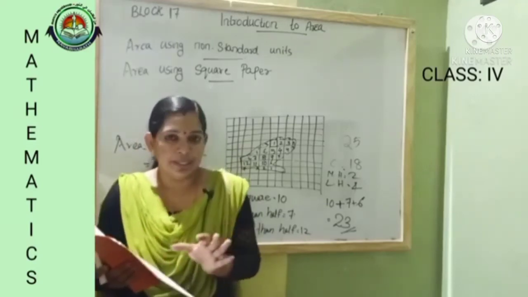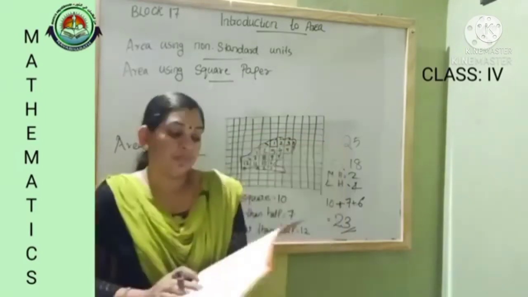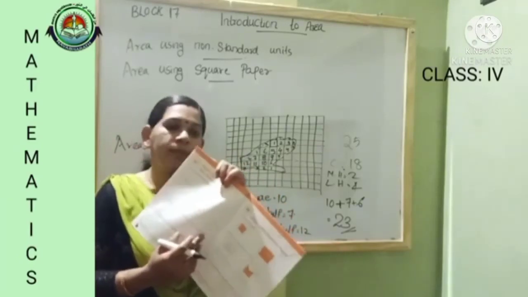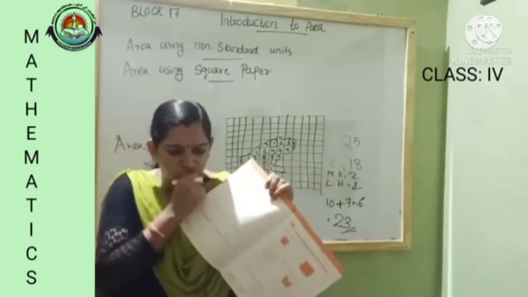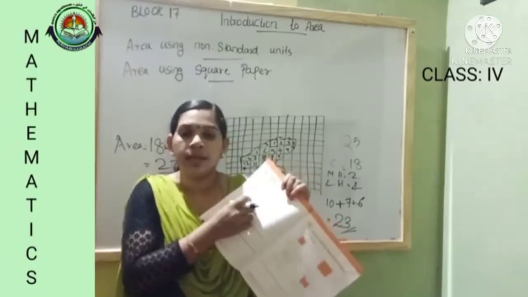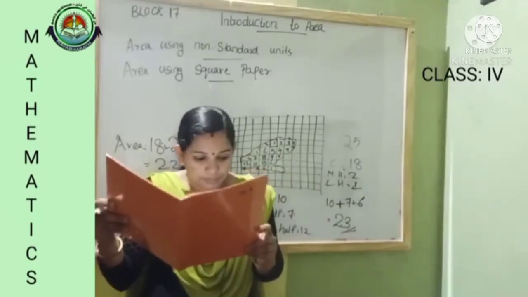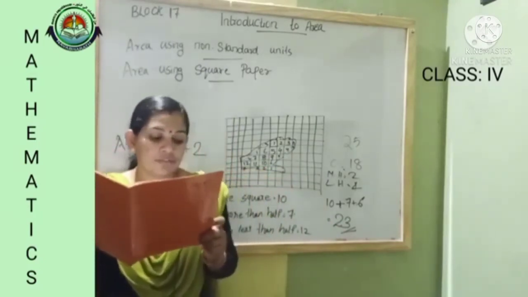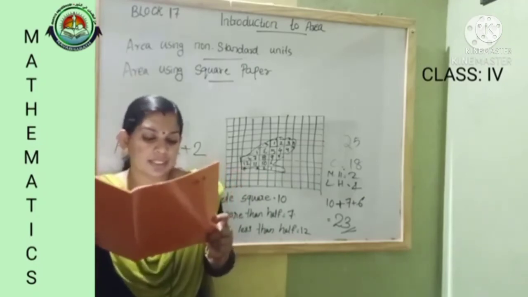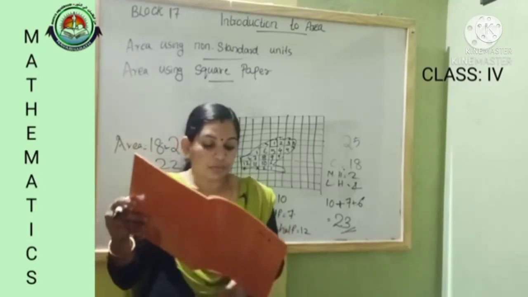How many crayons did you need? Using cotton balls, you paste here. Then how many cotton balls did you need? Is the area of the shape measured in cotton balls and crayons the same? Both have the same number of crayons and cotton balls? No. Why?